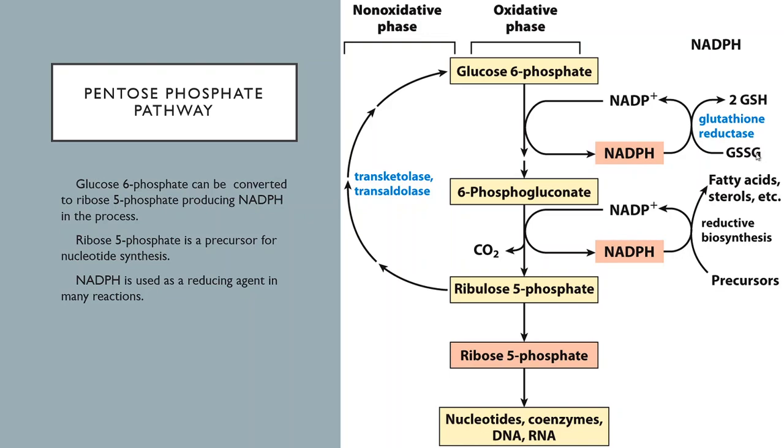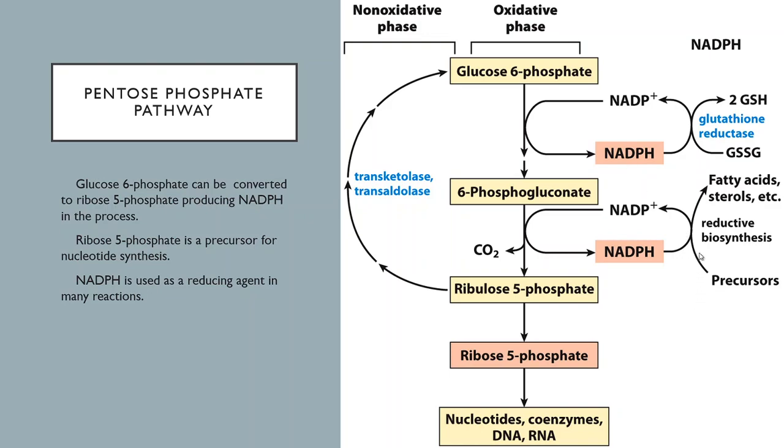And so it gets reduced by this enzyme called glutathione reductase, using NADPH. This enzyme is really important for removing oxygen radicals from the cell. So these glutathiones, in any case, are an important sort of antioxidant in the cell. So that's a reason why you want NADPH present.